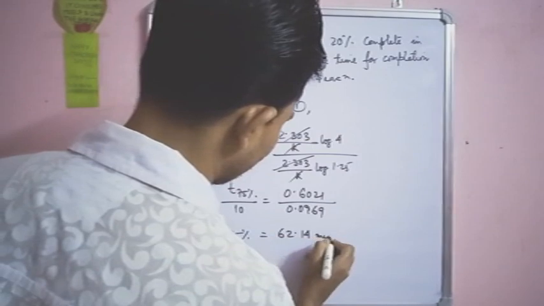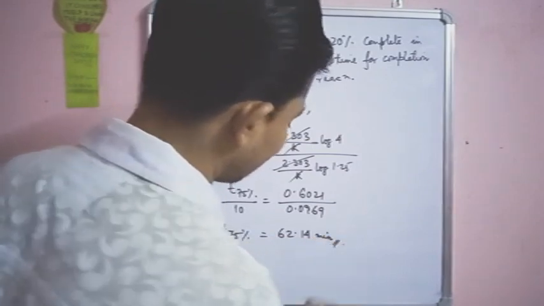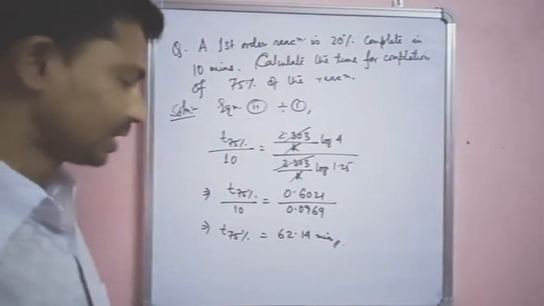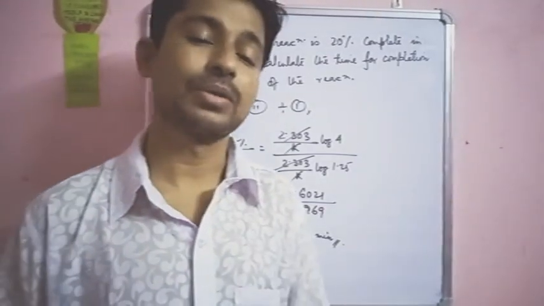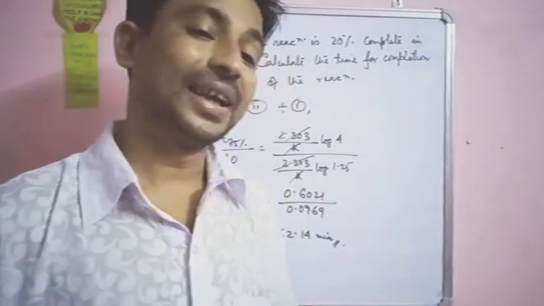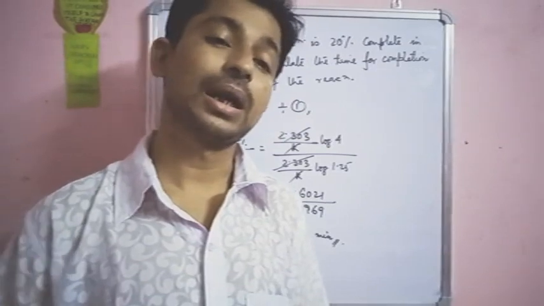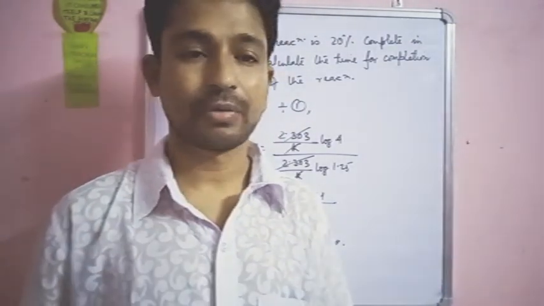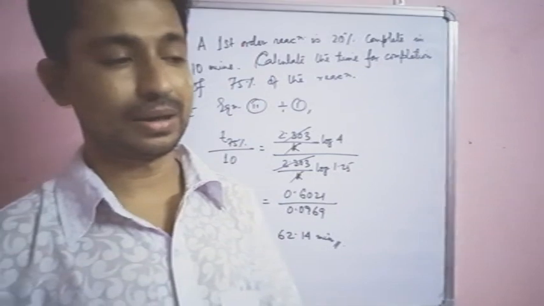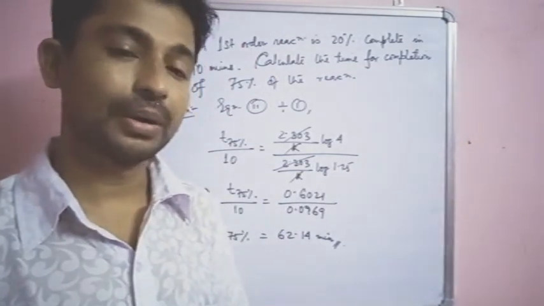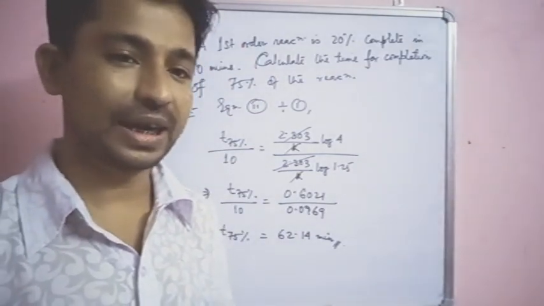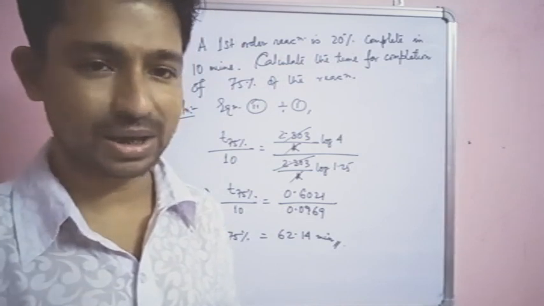62.14 minute. तो अभी क्या है, I want to say you one thing, my dear students, that whatever questions I am solving now, these questions are before 2016. From 2016 ये मतलब रूल्स हो गया है कि no electronic gadgets are allowed in the examination hall.